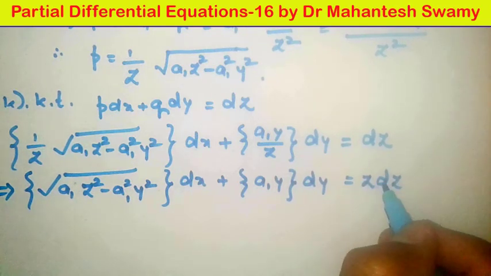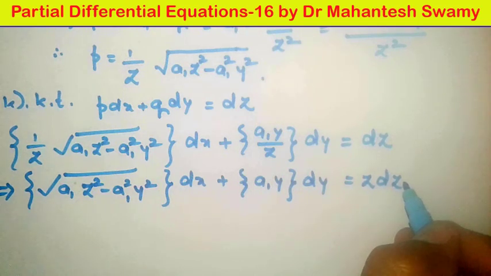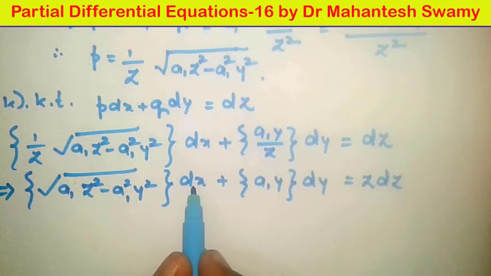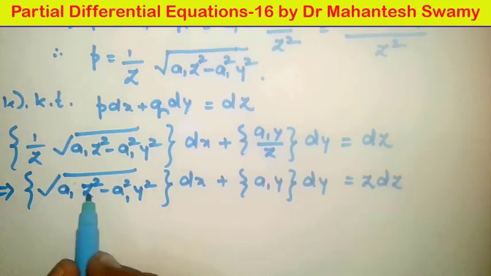So we have cross multiplied and got this thing. Now in the next step we shall take this, because with dx we want to have always the x terms.